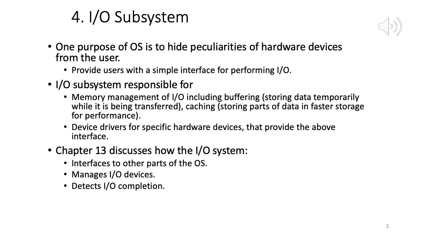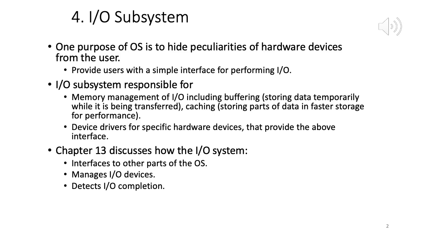So coming back to the IO subsystem, one purpose of the OS is to hide peculiarities of hardware devices from the user, and provide users with a simple interface for performing IO. Generally, you'll have a large number of IO devices. Some of which are directly connected to your system, and some of which you can connect using USB or some other technology. So you have various devices of various kinds.